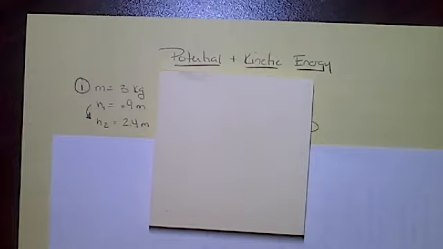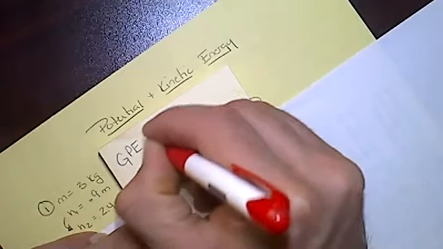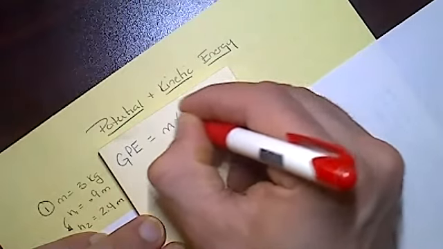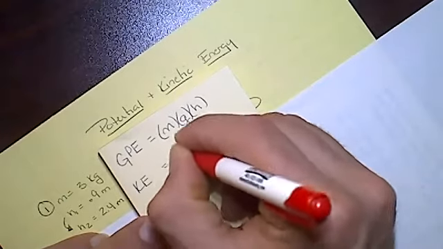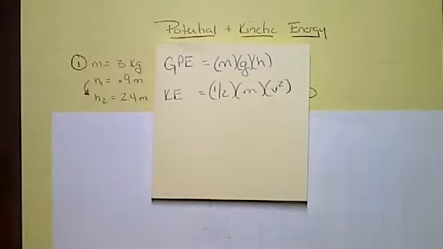Remember everybody that our equation is based off of the fact that we are working on potential energy and kinetic energy. So the GPE equation is mgh, and the KE equation is 1/2 mv squared.